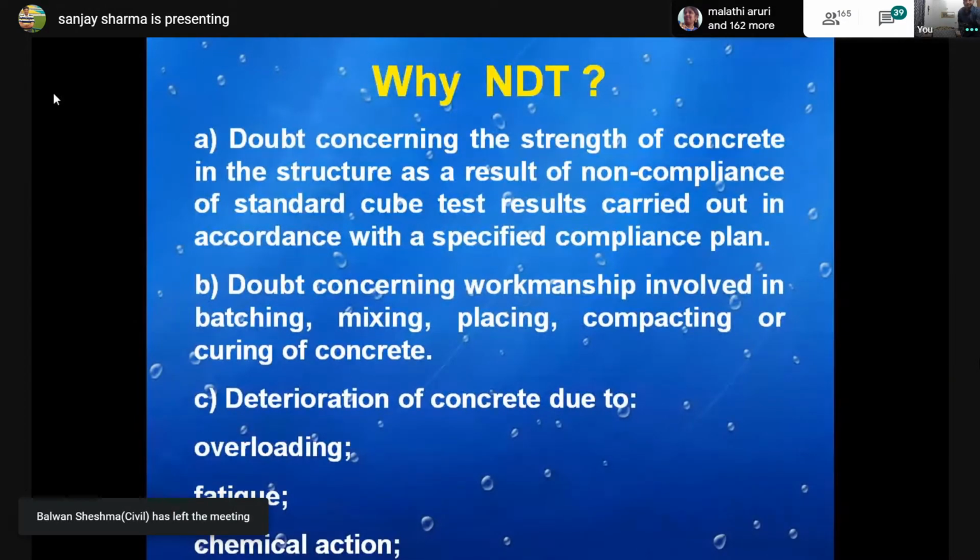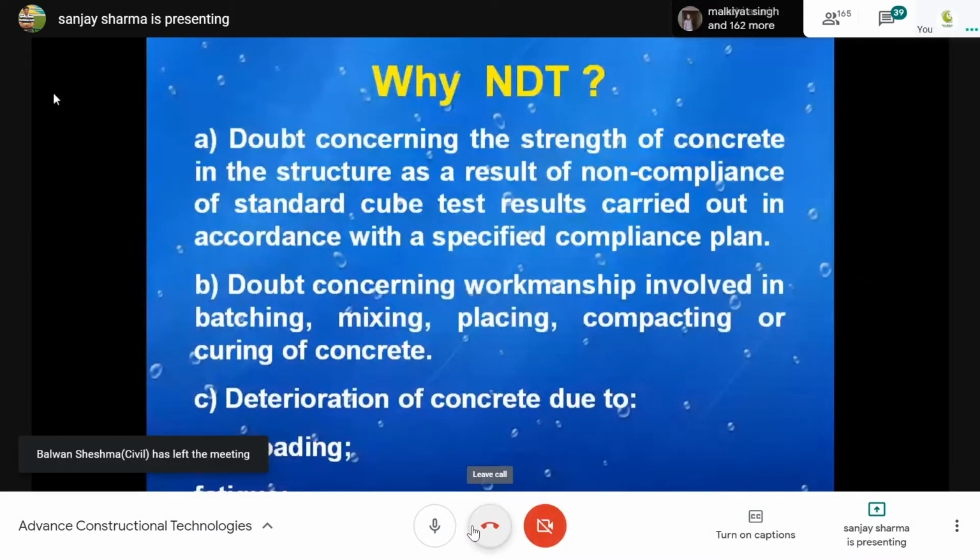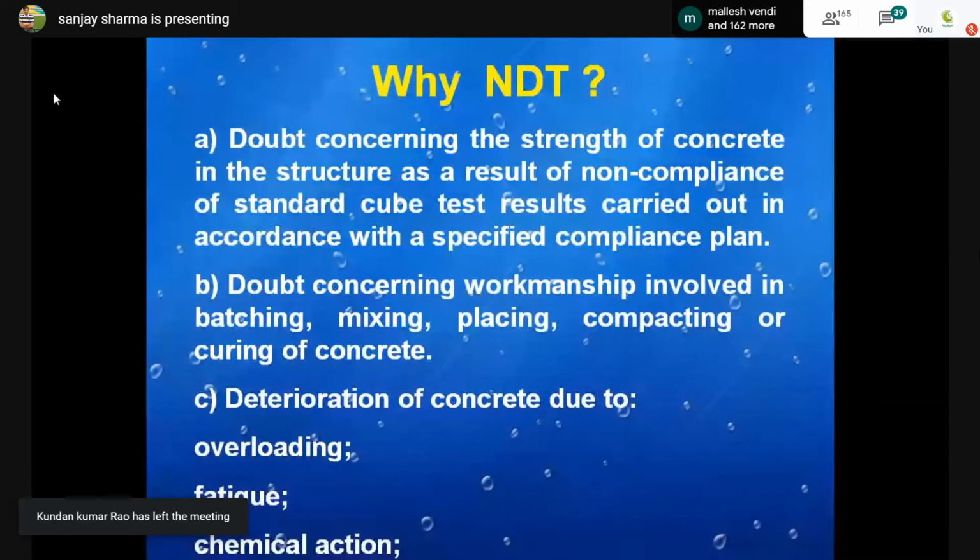depending upon various factors which are not in our control, like batching, mixing, placing, compacting and curing of the concrete. We will be talking about new structures as well as old structures.